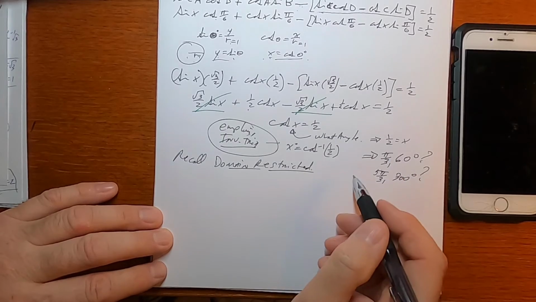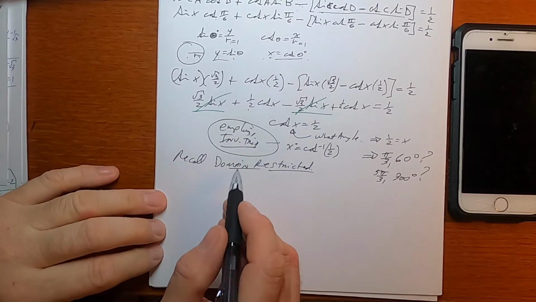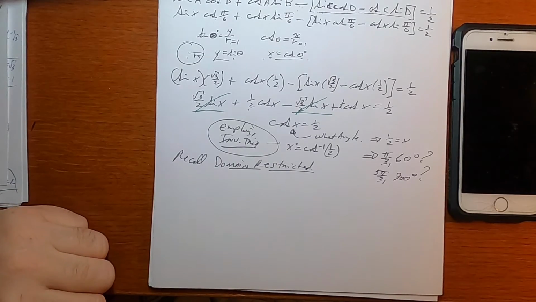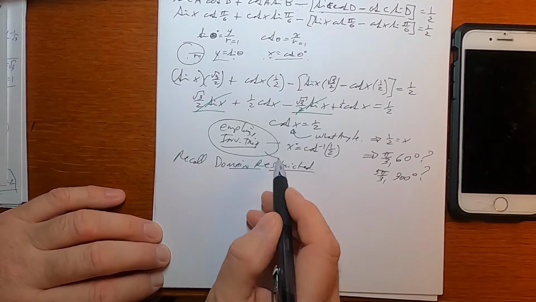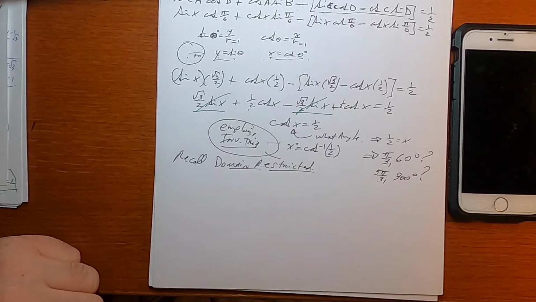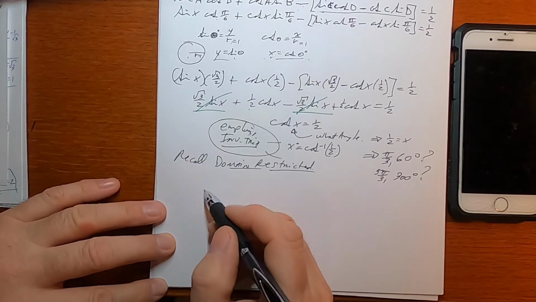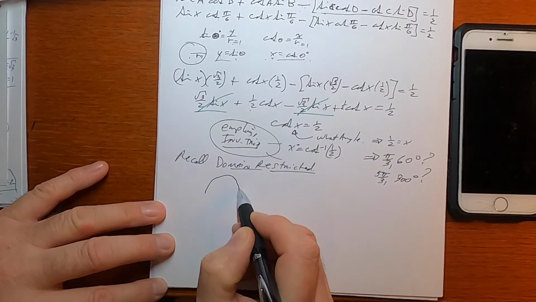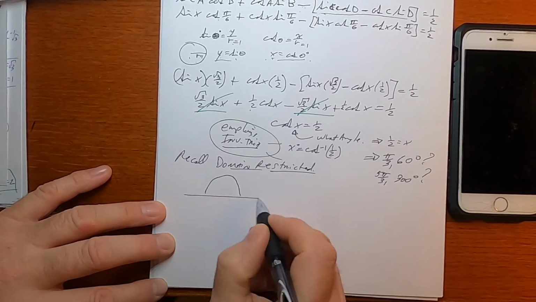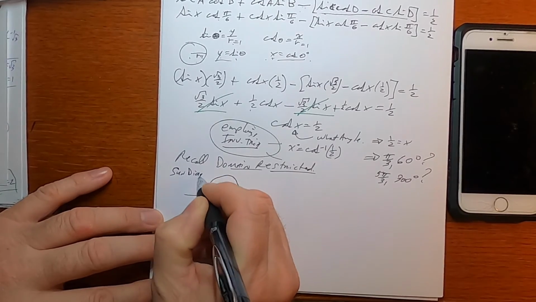Domain restricted means it wouldn't be a function unless we restrict the domain of a cosine when we're dealing with the inverse cosine. And basically, we use the sun diagram. I'll expand on this in a second. So we use this thing called the sun diagram.